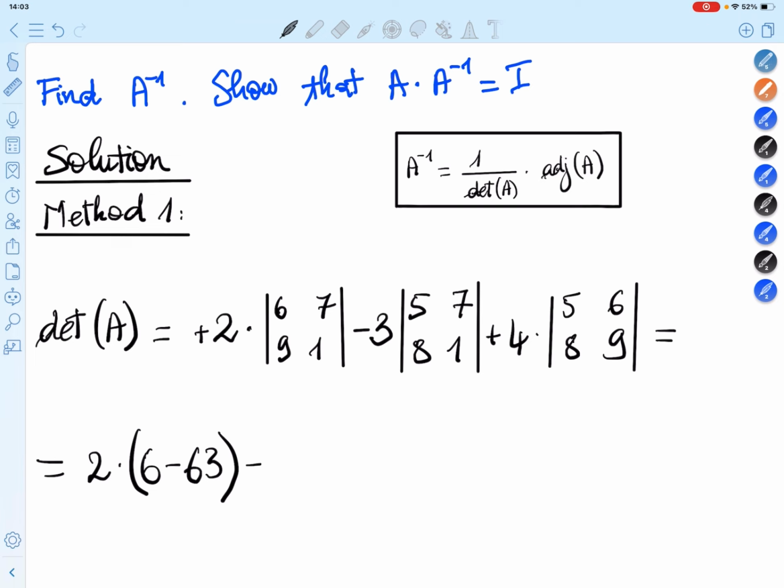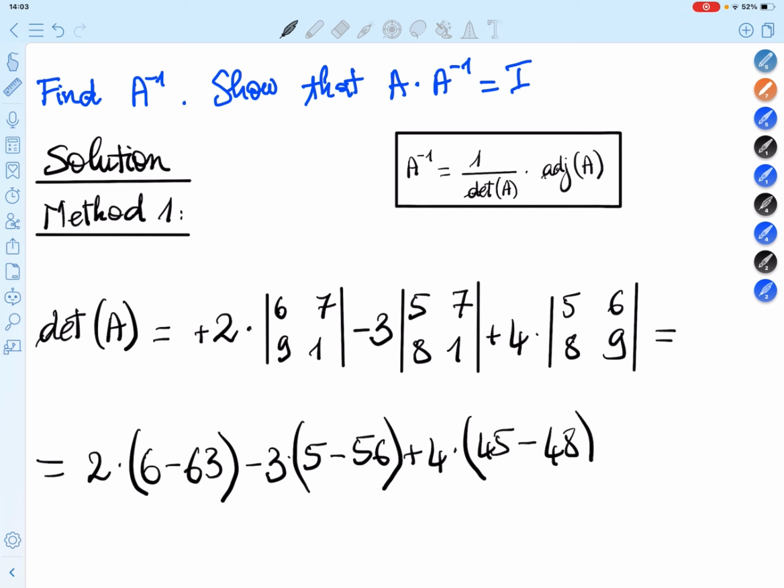Then we put minus 3 times, we multiply 5 by 1, so 5 minus 8 times 7, 56. Then plus 4 times 5 times 9, 45, minus 8 times 6, 48.